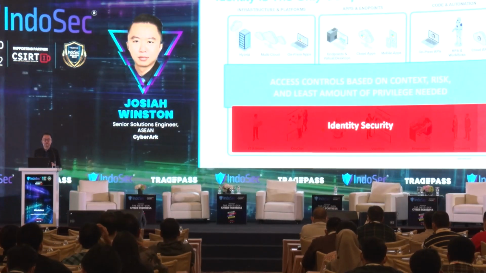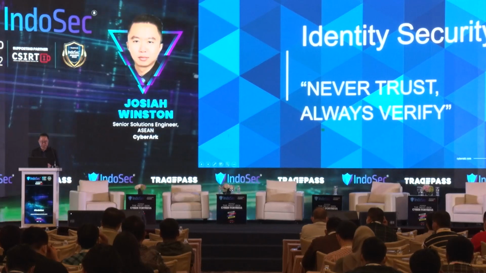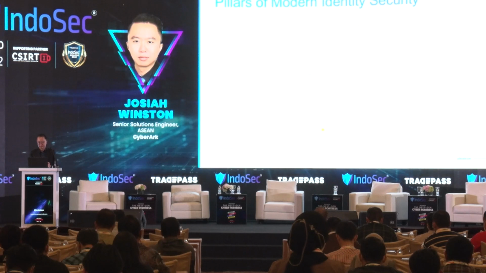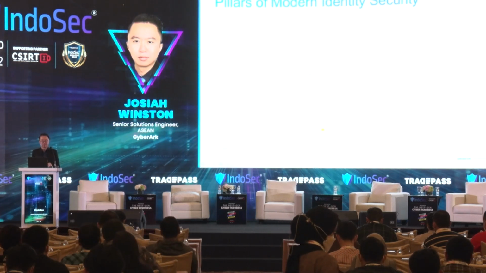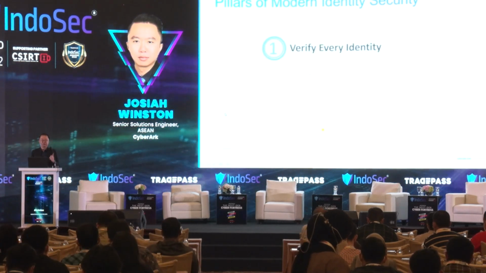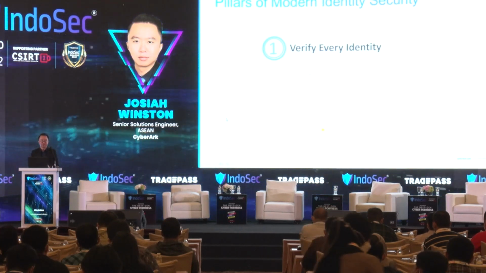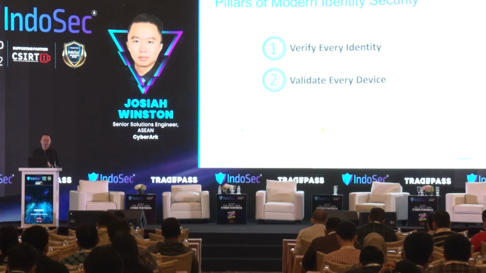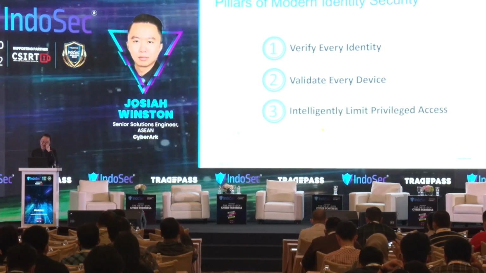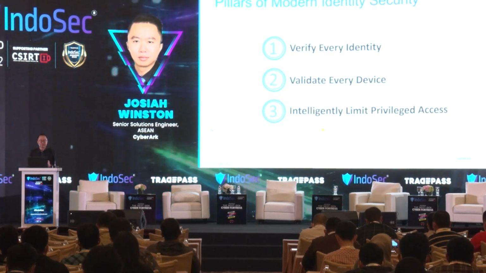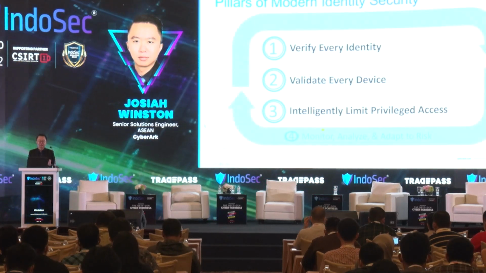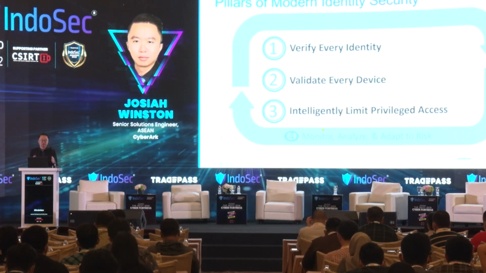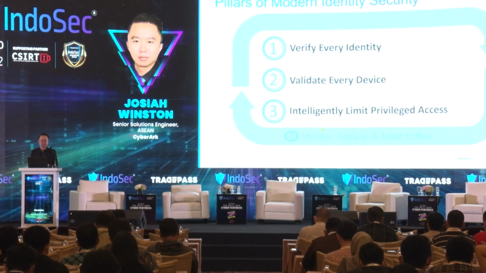The pillars of modern identity security can be divided into 4 pillars. So these 4 pillars are: verify every identity, validate every device that is trying to use that identity, limit the type of access that these identities can be used for, and lastly, continuously monitor, analyze, and adapt to changes in these 3 steps.